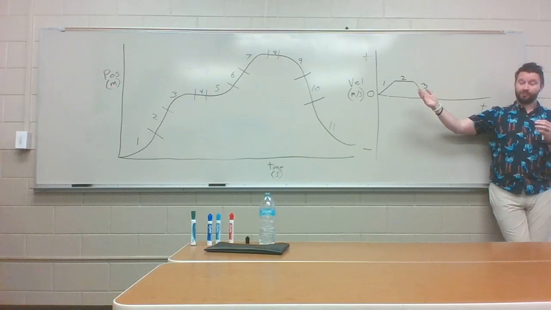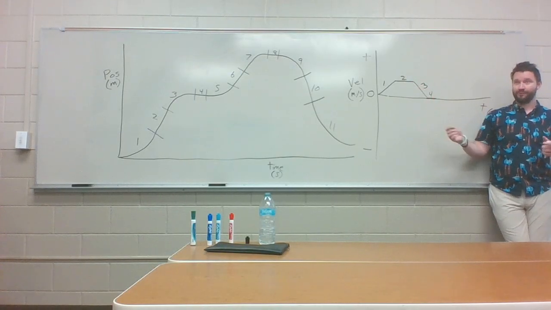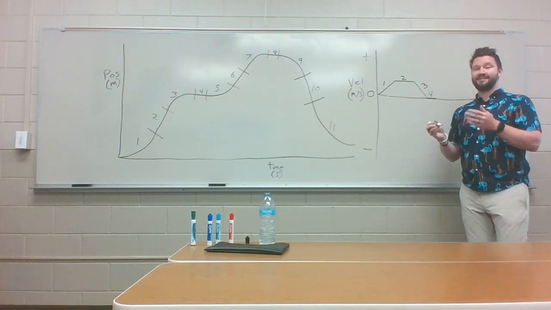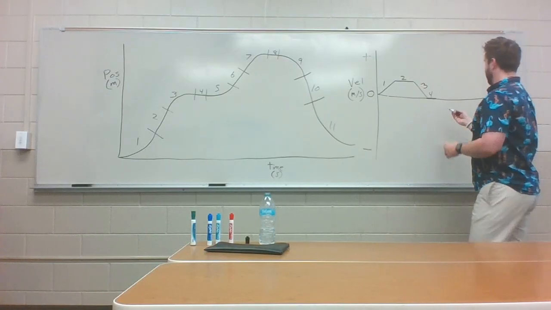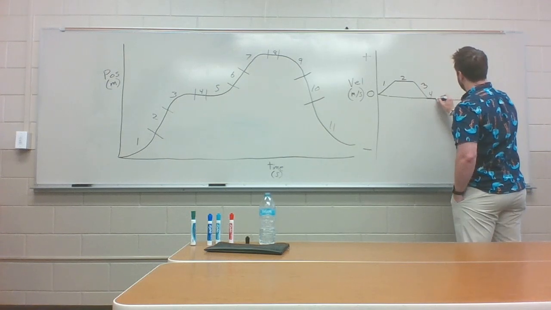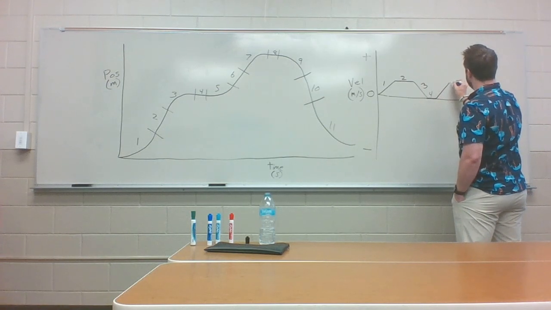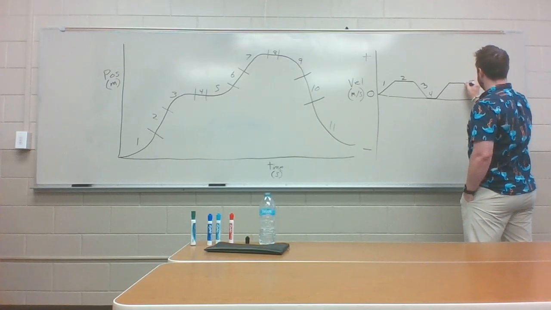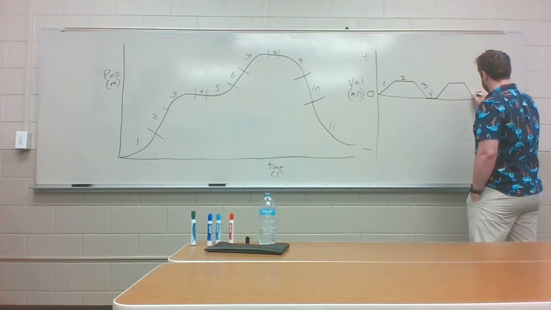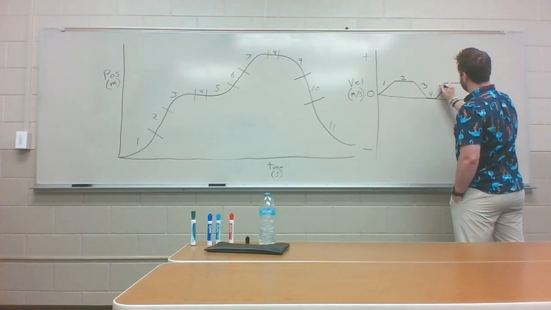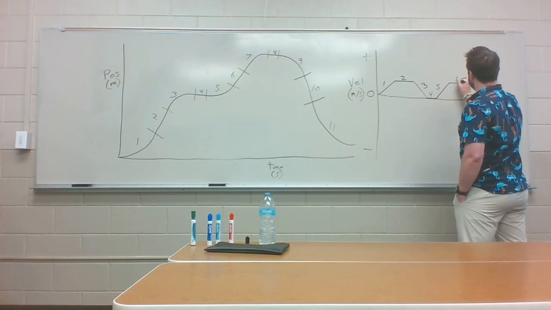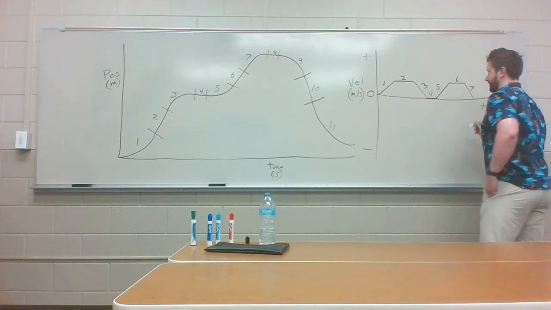5, 6, and 7. Remember, we're doing the same thing for these. So these lines will look identical again. We're going to start moving in the positive direction. We're going to have a constant period through the middle. And then we're going to start to slow down all in the same direction for 5, 6, and 7.